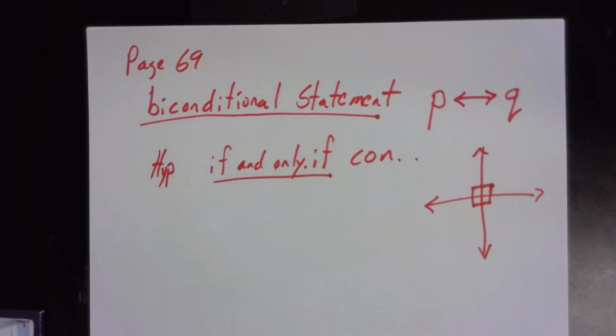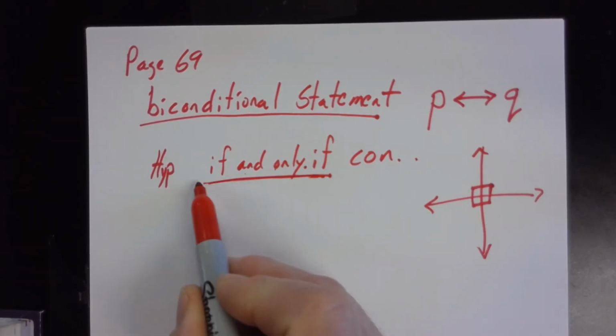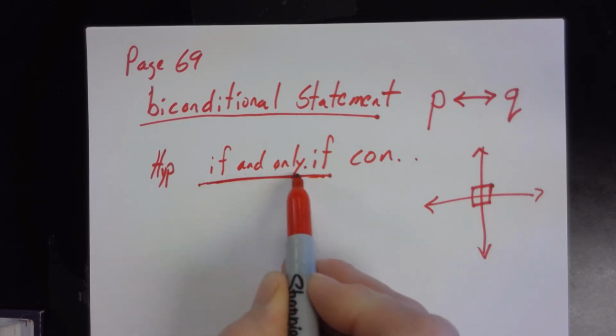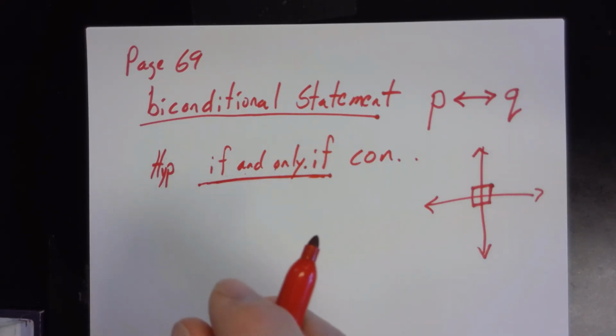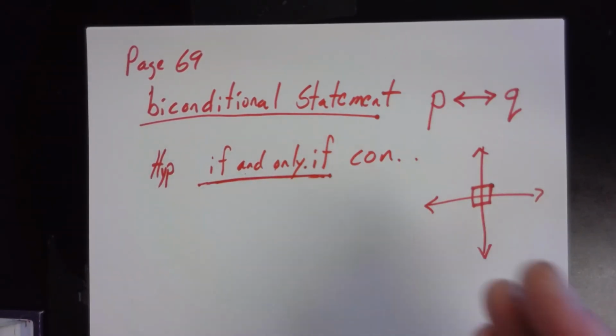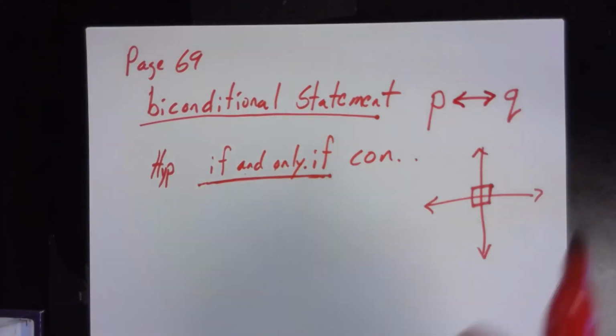We can say, two segments, now notice I don't say if, do I? Two segments are congruent, everybody say that with me, if and only if they have the same measure. Or you could say two segments have the same measure if and only if they are congruent. It doesn't matter which one comes first. Okay? See the two direction thing here? Goes either way.